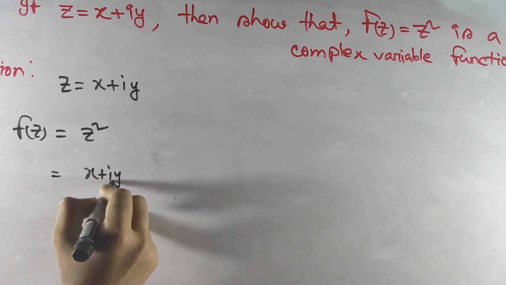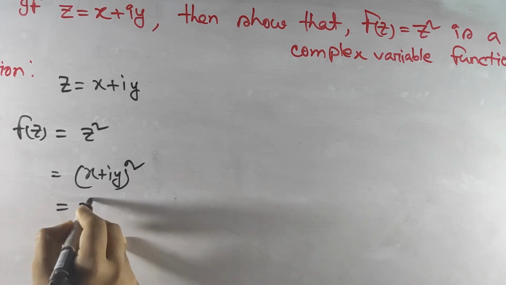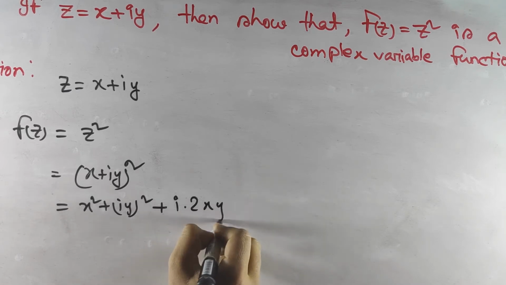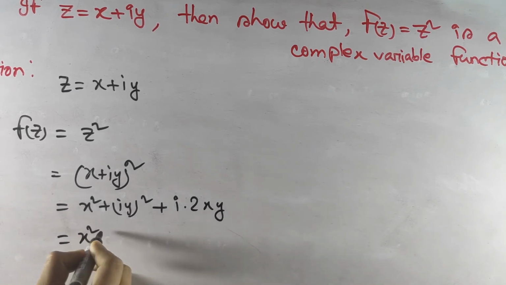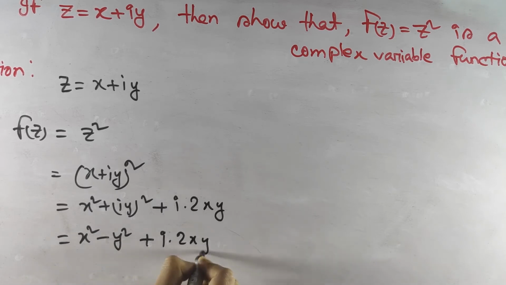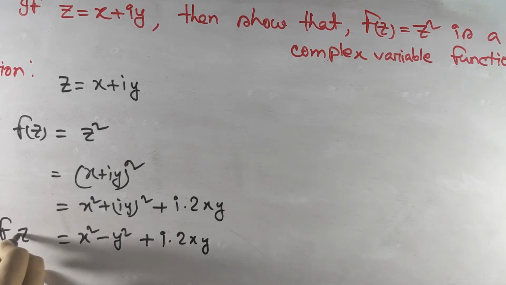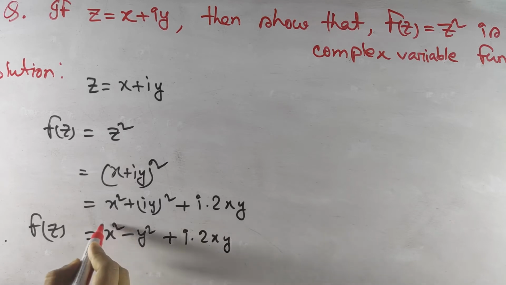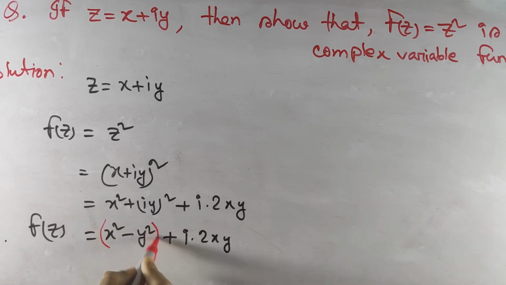(x + iy)², which gives x² − y² + i·2xy. Therefore f(z) equals this. Look students, here f(z) equals this plus this. There's no i, that means it's a real part, and this is an imaginary part.